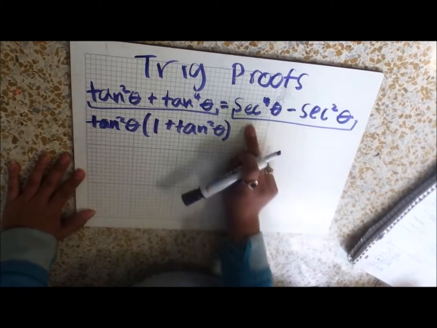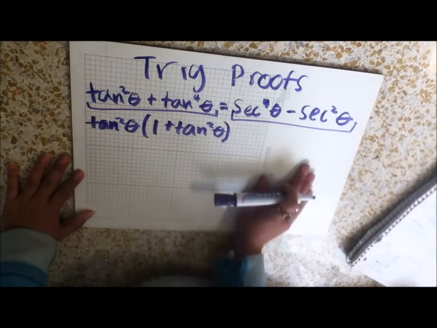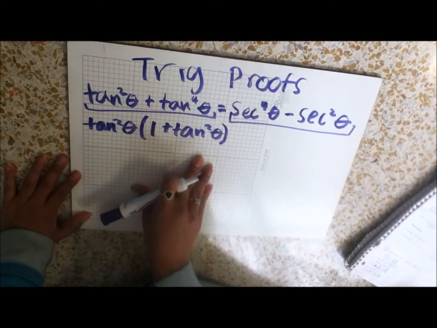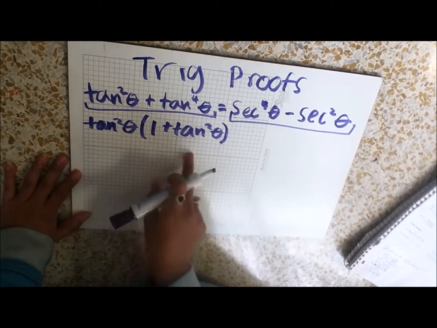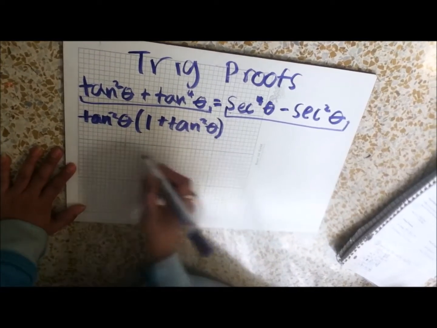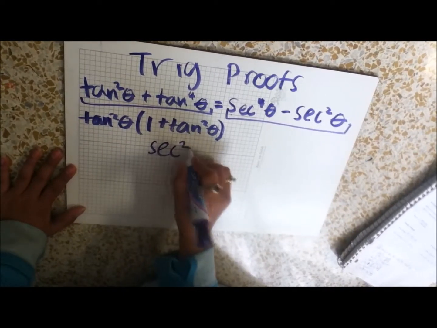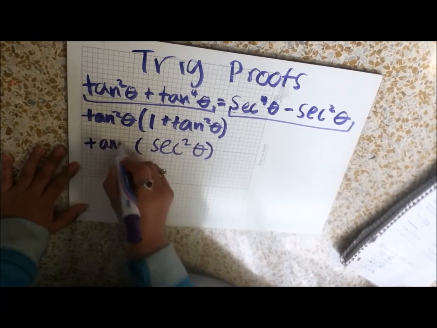Now to get secant, we have to think of tan. We're going to have to convert it to secant, solving it in terms of secant. For that, we're going to look at our Pythagorean identities. If we look at that, it's 1 plus tangent squared theta equals secant squared theta. So we're going to write secant squared theta times tan squared theta.